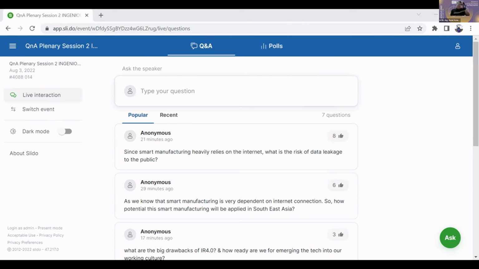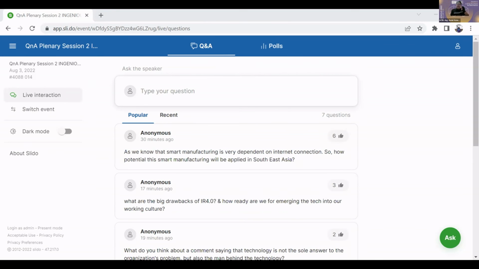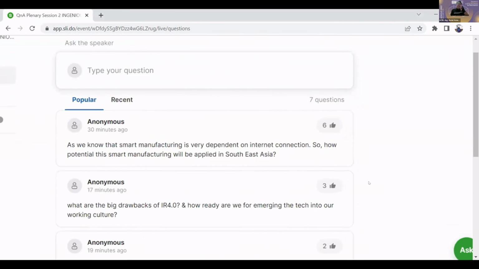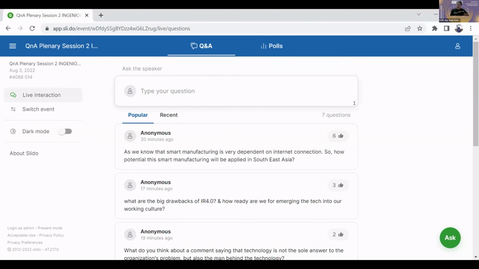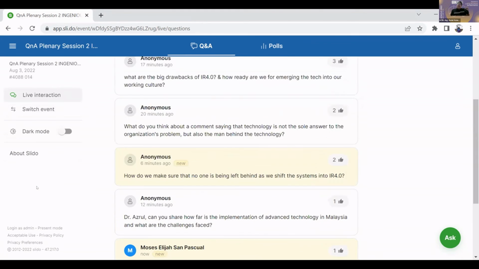If you can still remember from my first slide, the goal of manufacturing is looking at three elements, which are time, quality, and also cost. So if you ask me whether it is necessary for manufacturers in our region, Southeast Asia, to jump directly to Industry 4.0 technology, the answer is yes and no. The first thing, we have to analyze our current system.